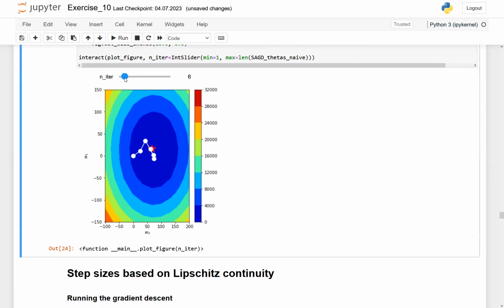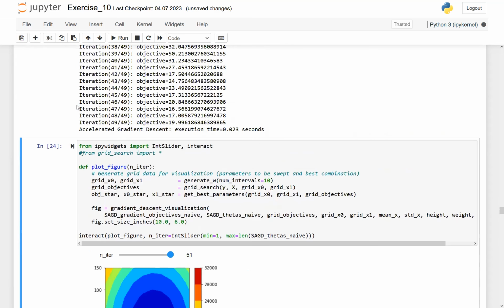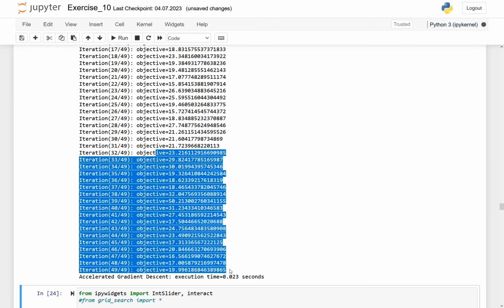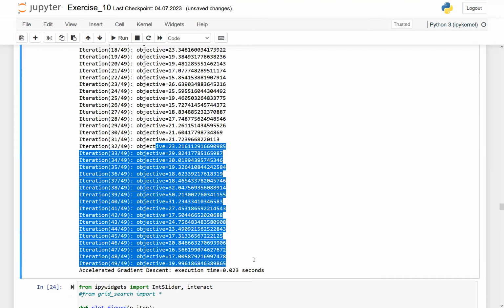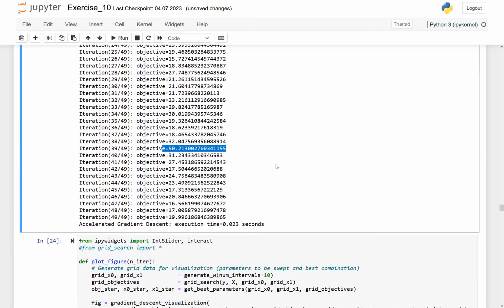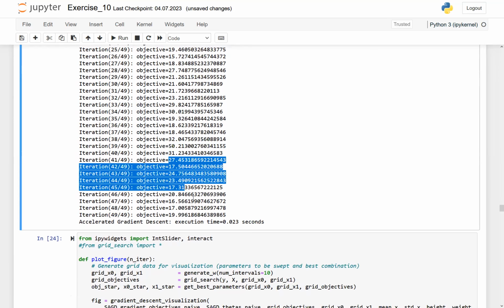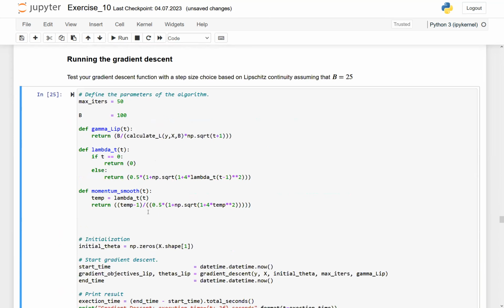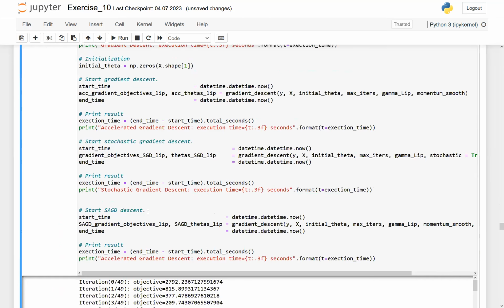We still have momentum, but then we go back and are somewhere in the neighborhood doing some steps around that. You also see these objective values are kind of in the same range. Here and there are some outliers, so 50 here, but then we go back again to something closer to the minimum objective value.